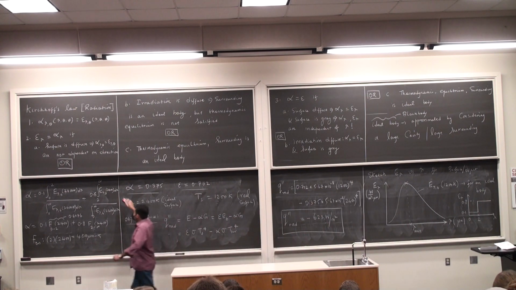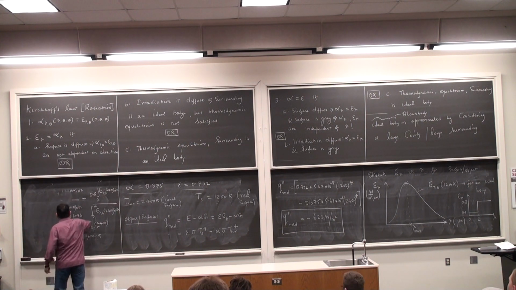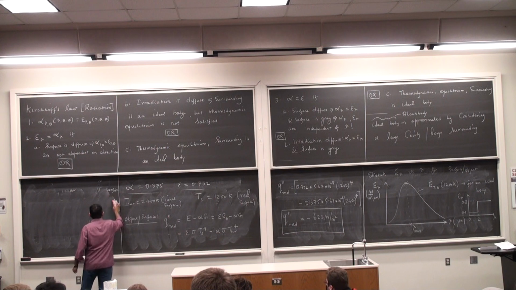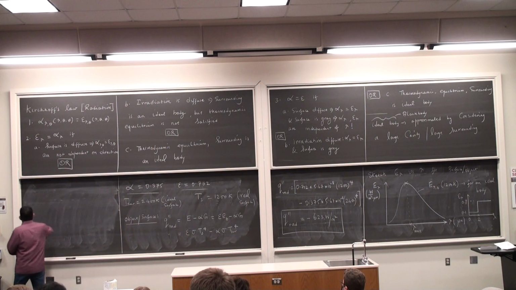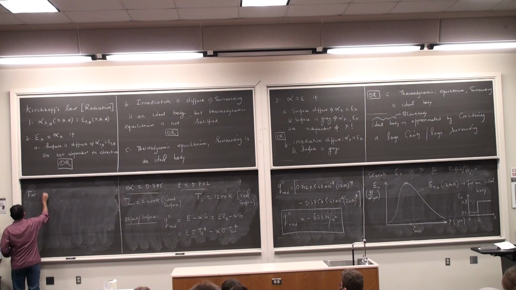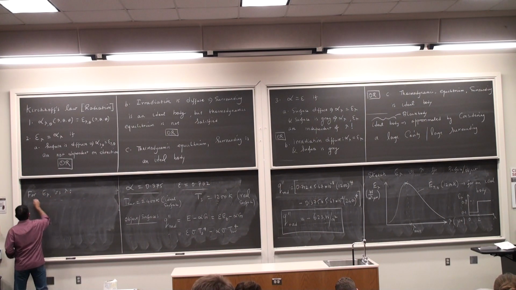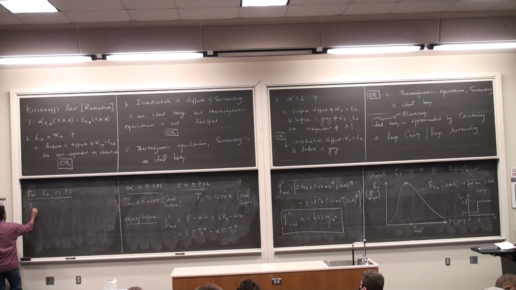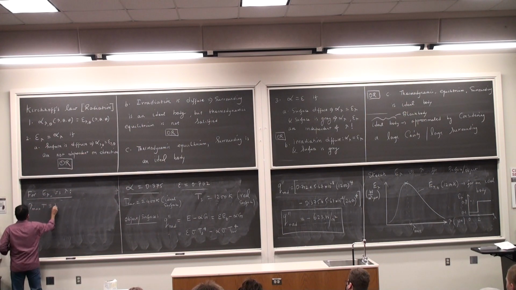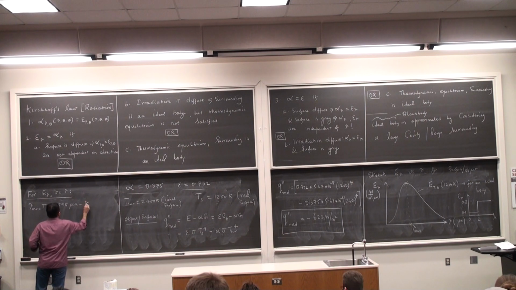I'll write this first. So for epsilon lambda versus lambda, first of all, lambda max times T is 2898 micrometer Kelvin.